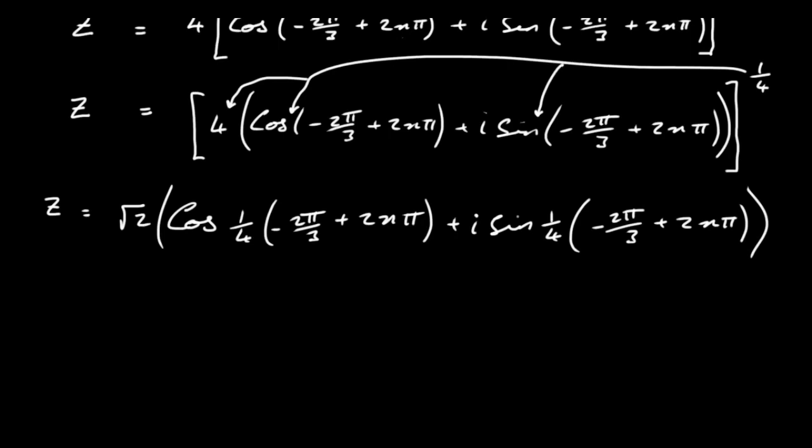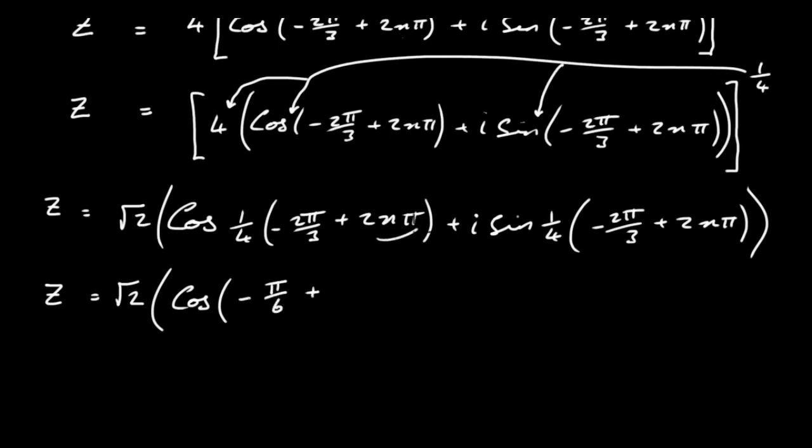So what we can do now is just multiply out that quarter. We've got square root of 2, and cosine of minus 2 pi over 3 times a quarter, so that's minus 2 on the top and 3 fours are 12 on the bottom. 2 will divide into 12 6 times, so we end up with minus pi over 6 here.